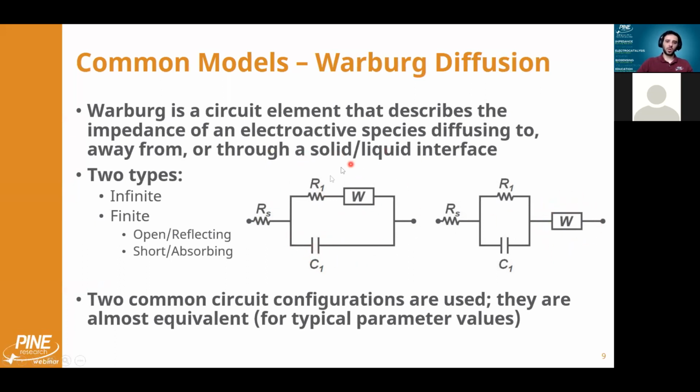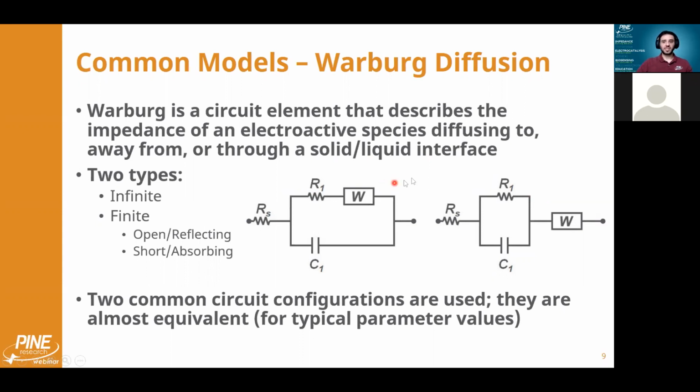Most frequently this one occurs, and mathematically these are quite similar. There is some difference in terms of how the plots will look, but under what I would call normal ranges of values for the resistors, capacitors, and the Warburg elements, if you put the plots side by side for both of these circuits, they tend to look quite similar.